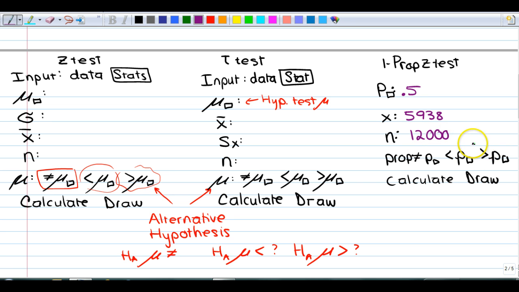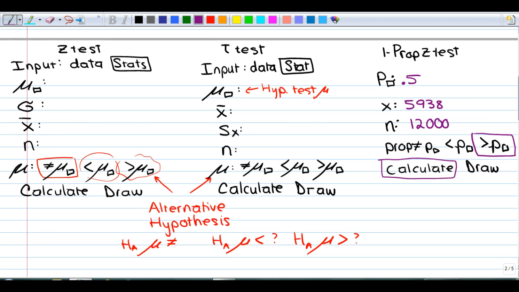And we said our alternative hypothesis was less than the p-value. And we hit calculate.